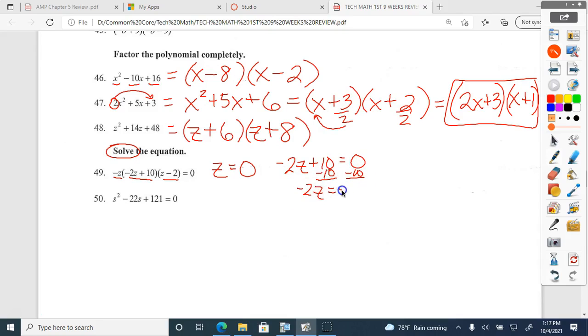Negative 2z equals negative 10, divide by negative 2. Z does equal 5. For the last one, z minus 2 equals 0. What would z need to be to make it be 0? 2.